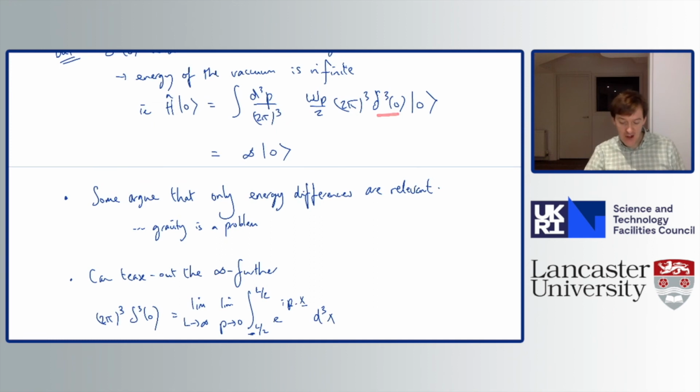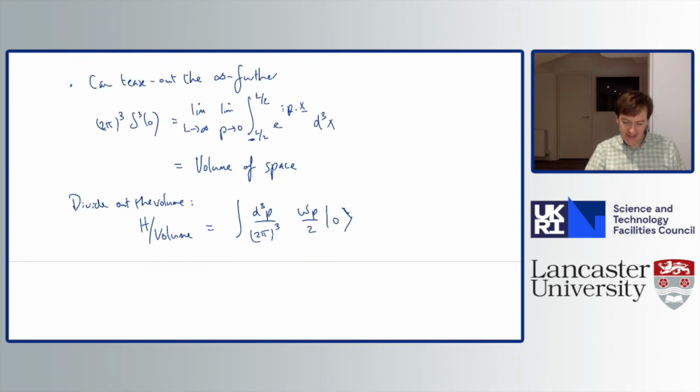However, we still end up with an infinite expression, and the reason is that we still have to do this integral over d^3p, which is going to give us another infinity.